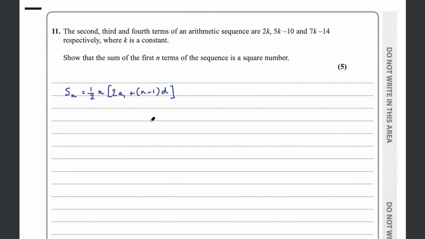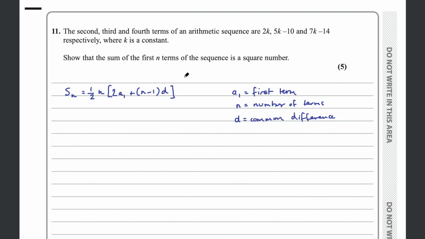And this is for when you don't know the last term of the sequence, such as in this case where we're looking for the first n terms. Now the terms in this formula are a1, a sub 1 is the first term, n is the number of terms, and d is the common difference between those terms.